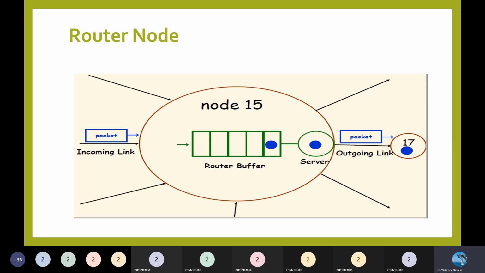In the network layer, the special address that plays a vital role is the IP address. With the help of the source IP address and destination IP address, the router takes responsibility for deciding which outgoing link the packet has to be sent on, with the help of the routing table.